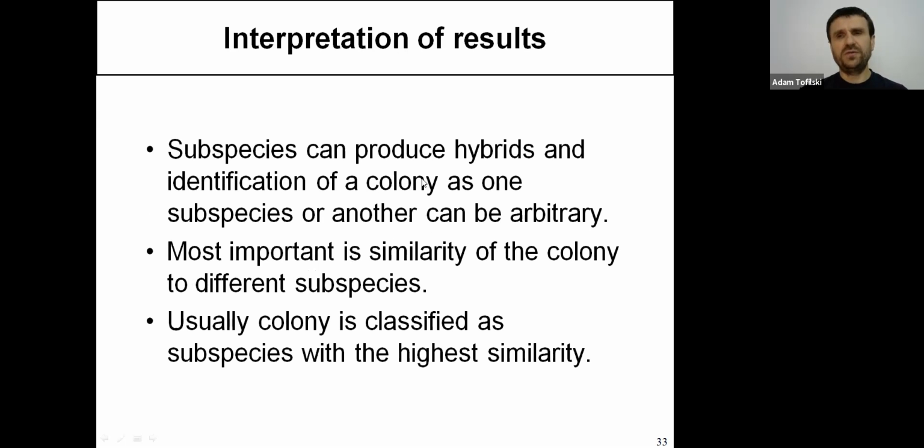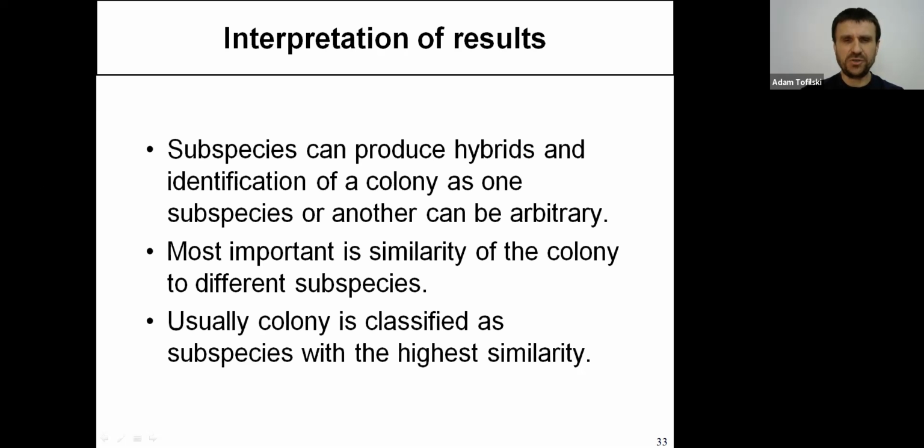So interpretation of the results is not so easy, because the subspecies produce hybrids. In many cases, it's not so easy to say if the colony is one subspecies or another. In some cases, it should be concluded that it's a hybrid.